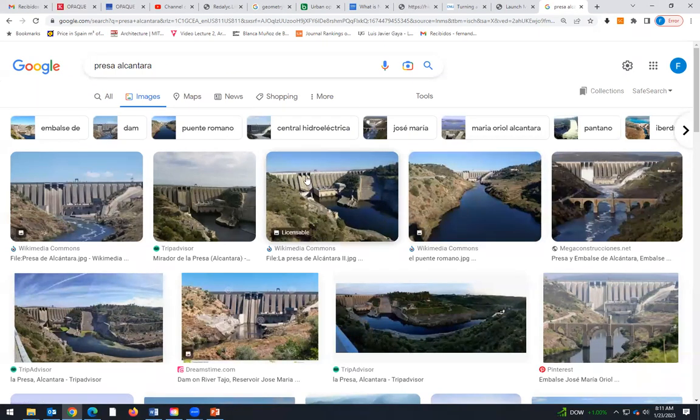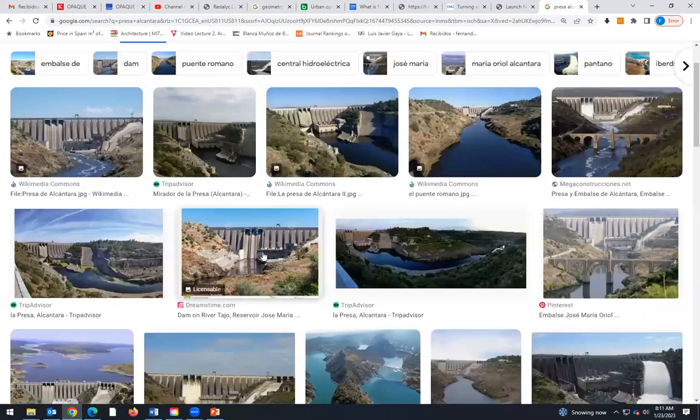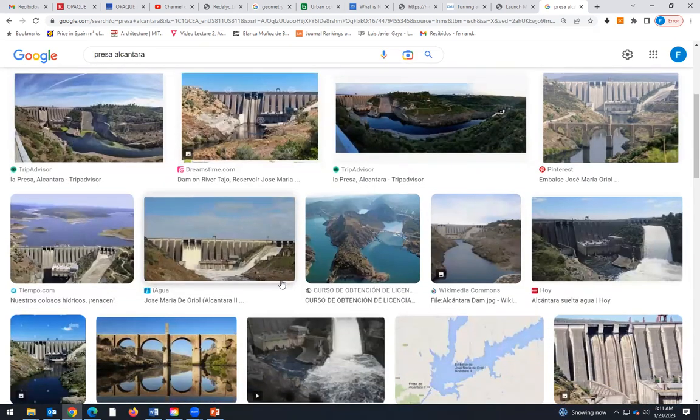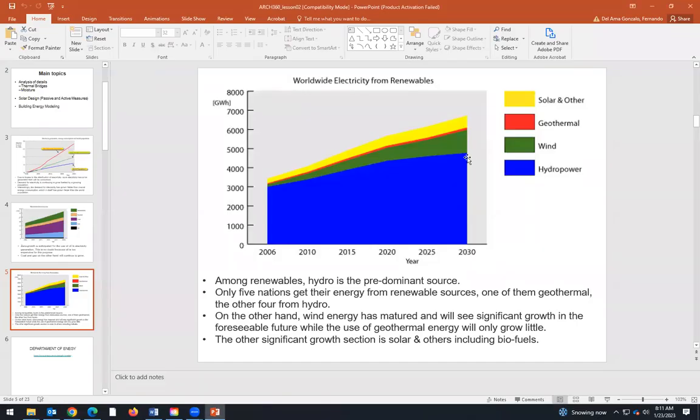We need a dam, and then we need to accumulate water on the other side, and then we release the water, and here we have the plant that actually generates electricity. So it's considered renewable, but again, building this kind of dam has a huge impact on the landscape. That's the most important renewable source in terms of electricity generation.